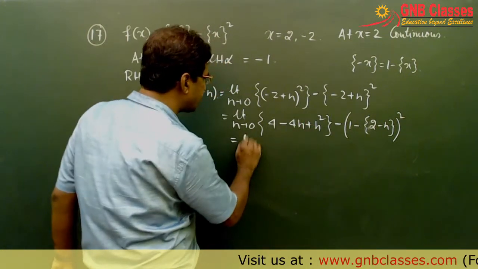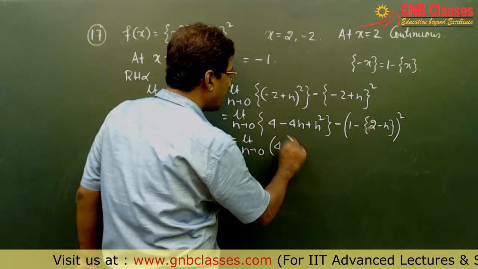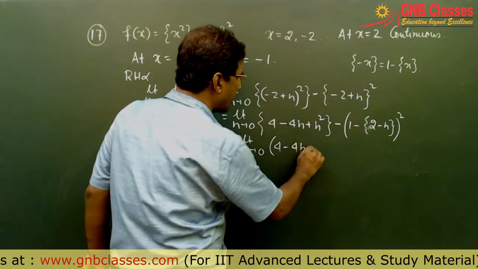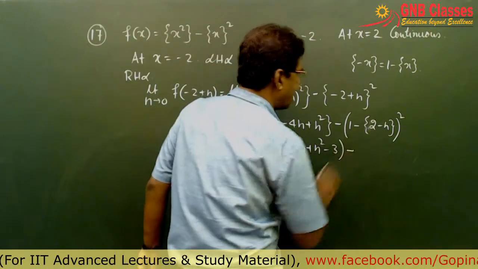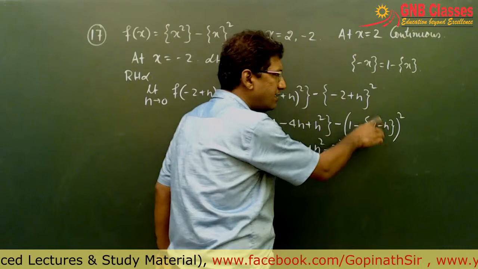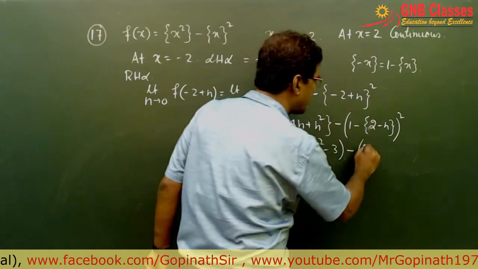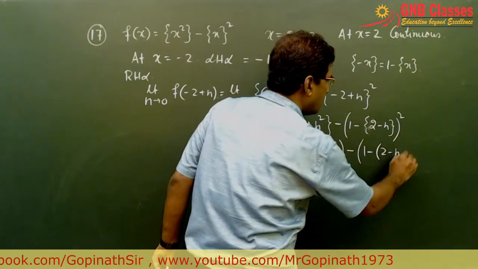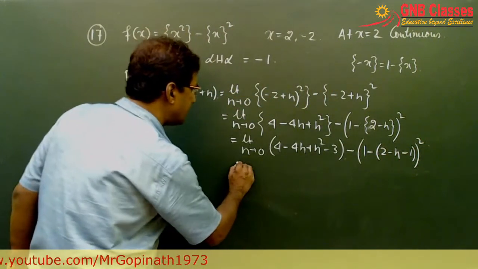To get the fractional part, we are subtracting 3 from here. Minus 2 minus h again is a number which is a little less than 1, so to get the fractional part, we are subtracting 1 from here, right? So what we are getting ultimately?